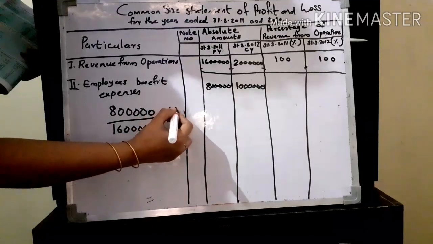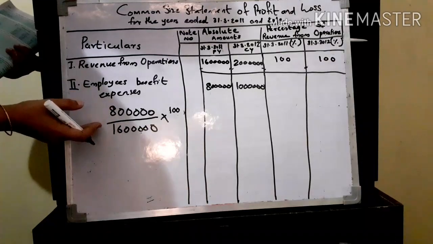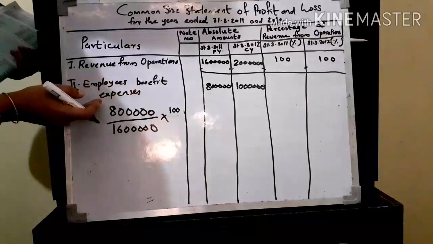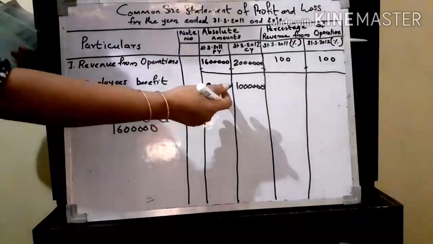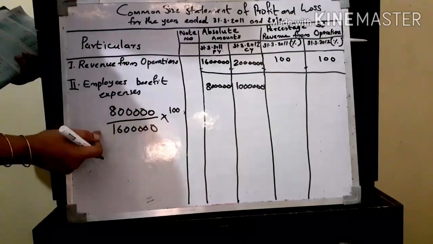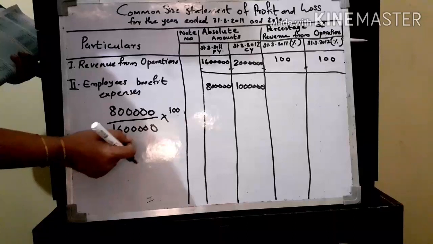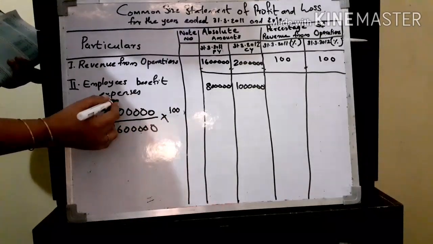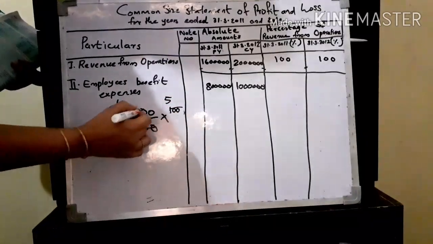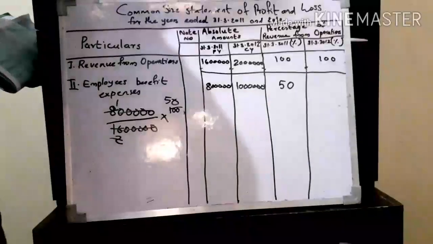To calculate the percentage of an individual item, the previous year amount of employee benefit expenses, 8 lakhs, is divided by revenue from operations of that year, 16 lakhs, into 100, that is 50. Then the percentage is 50.